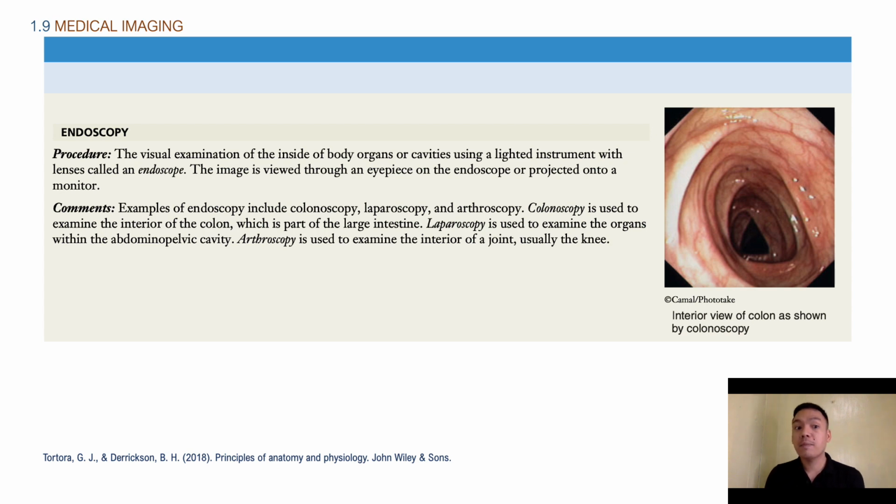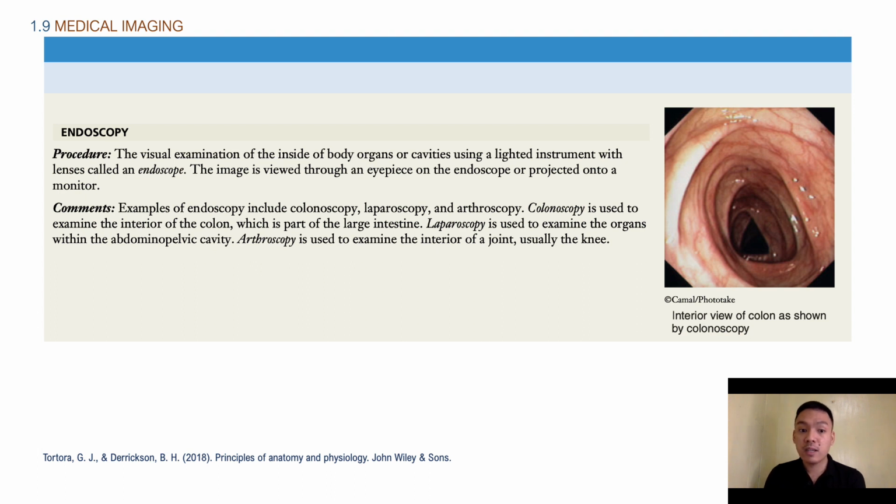Last is endoscopy. Endoscopy is a visual examination of the inside of the body organs or cavities using a lighted instrument with lenses, and we call them endoscopes. The image viewed through an eyepiece of the endoscope is projected onto a monitor.